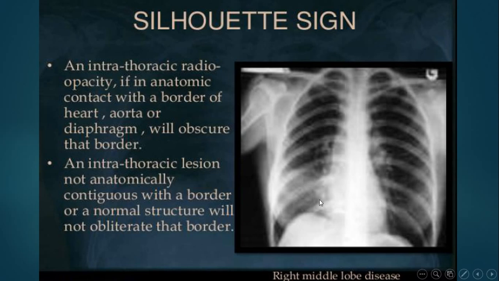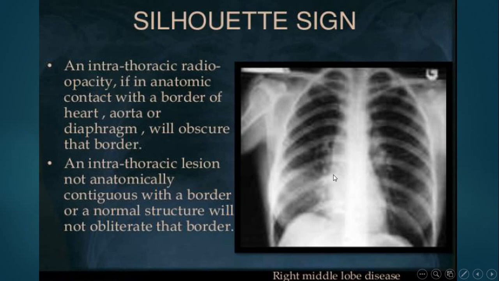If you look carefully, the right heart border is silhouetted, is obliterated. It is not sharp like the left heart border. It is ill-defined. Why? Because the opacity, the consolidated part, is in contact with the right heart border, while the diaphragm is very sharply defined. It's well defined.